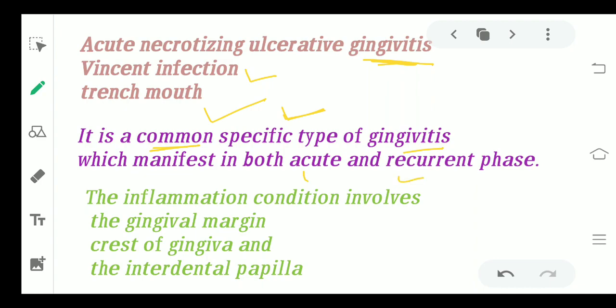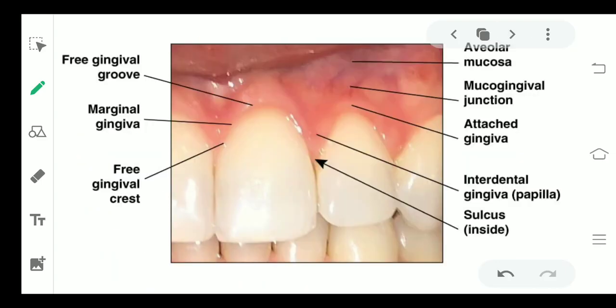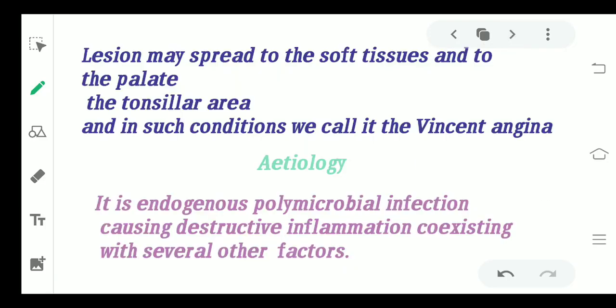Now this inflammation mainly involves the gingival margin, the crest of the gingiva and the interdental papilla. If we see in the figure, this is the marginal gingiva, the margins of the gingiva. This is the free crest gingiva and this here is your interdental gingiva. So these are basically the sites where most commonly ANUG will be noticed.